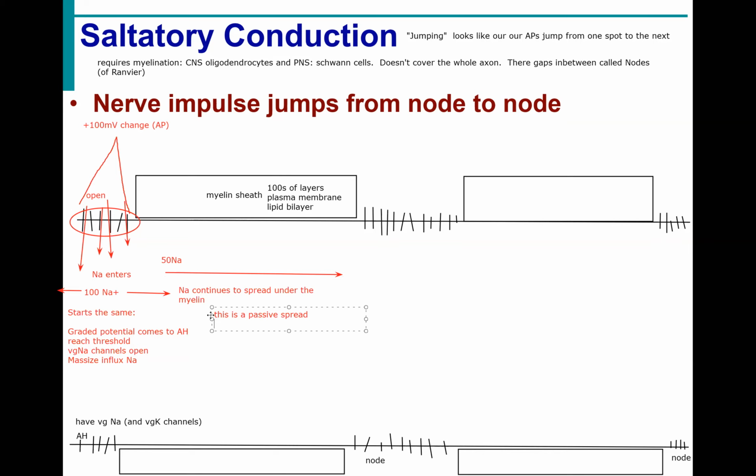Notice we're not adding any new sodium to it on the way. And so with this passive spread, as it spreads, it gets smaller. And again, remember the fancy word we gave for that is it attenuates. So what happens is our signal spreads and it gets smaller. First 50, and then maybe there's only 40 sodium, and then from there, there's only 20 sodium.